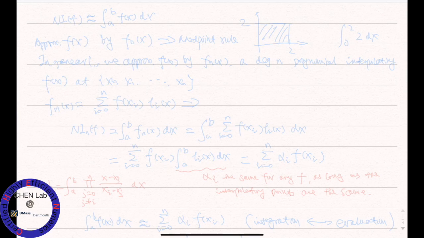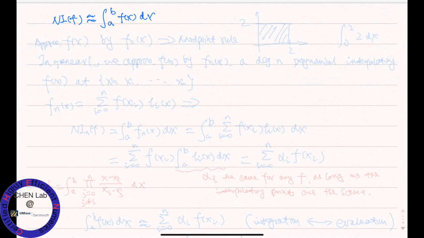Again, the goal is that we need to evaluate some integral. We need to come up with an approximate value of an integral of function f between a and b. The idea behind the midpoint rule is that you come up with a constant.